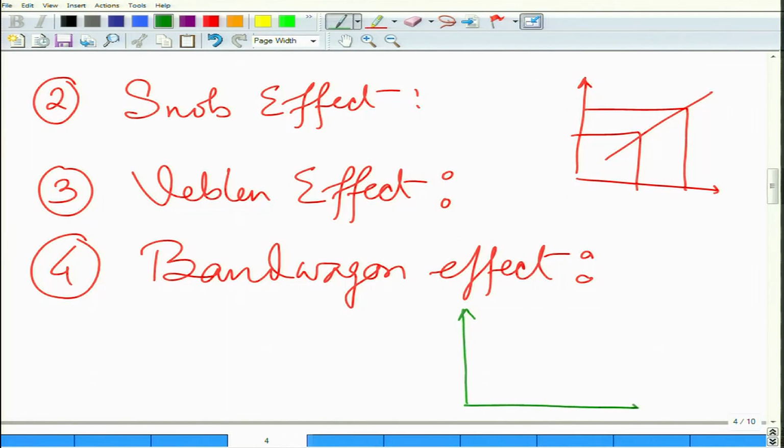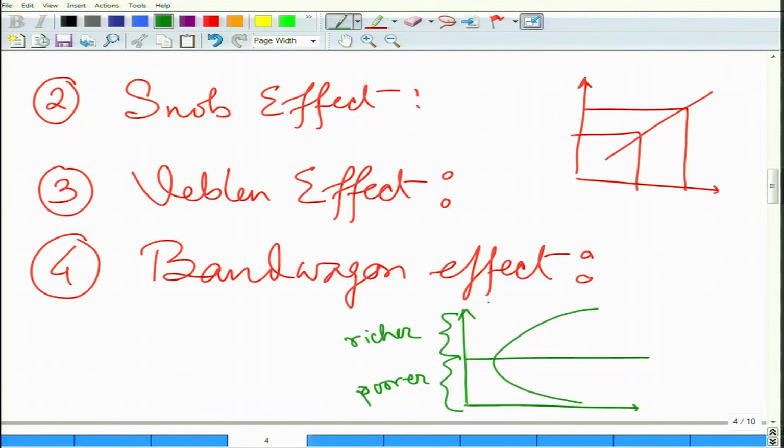So in such a case, we eventually observe that for a certain section, if this section shows the poorer communities and this section shows the richer section of the society, then with the price, if the price increases, the quantity demanded increases for the richer, and for the poorer section, if the price increases, the quantity demanded falls.